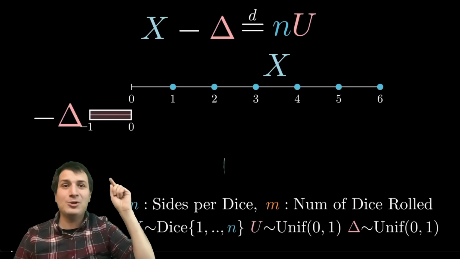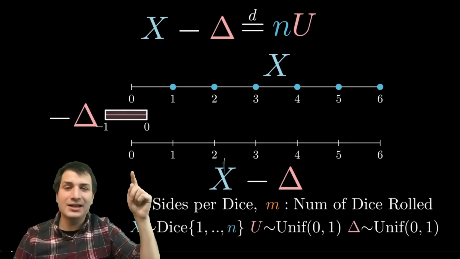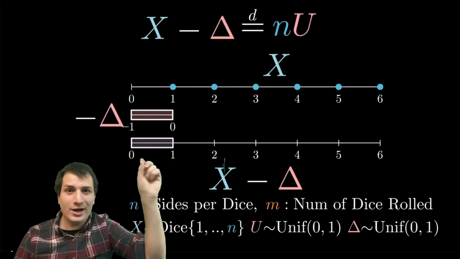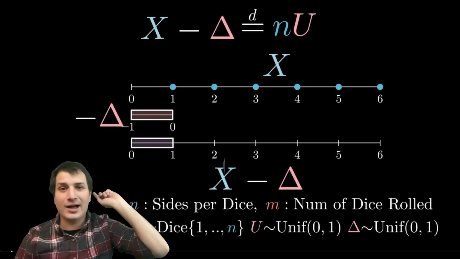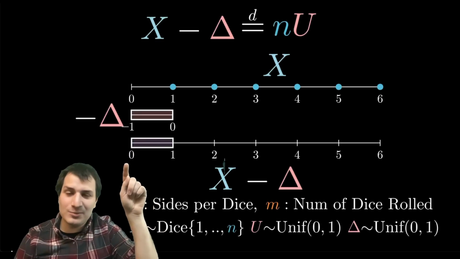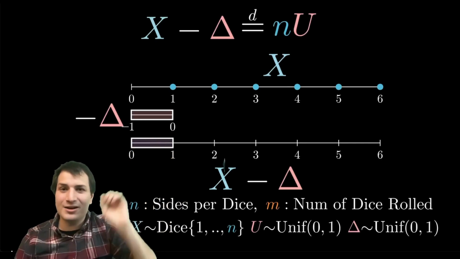So for example, if you rolled a 1 on the x, to get x minus delta, the effect of minus delta when you roll a 1 is to take that atom at 1 and spread it out between 0 and 1. So every time you roll a 1 on the dice, then when you subtract minus delta, you get something between 0 and 1 by taking this -1, 0 and subtracting off that 1.